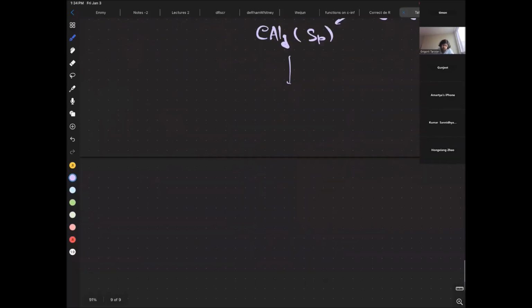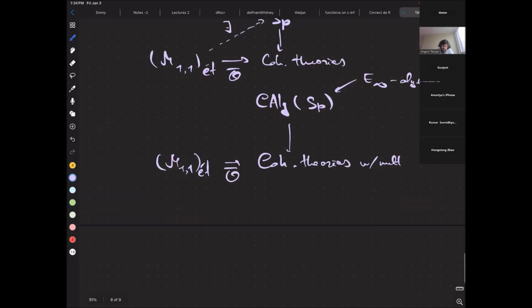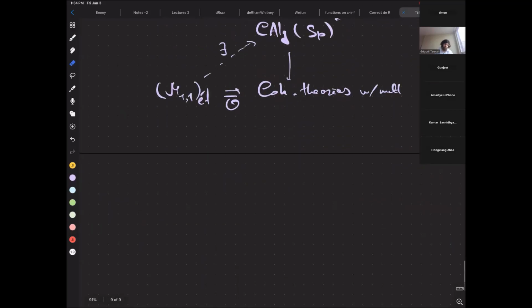And then, of course, you have the same functor into cohomology theories with multiplication. And now the question becomes, do we have a lift like this? And the answer is yes. So we have the following theorem.